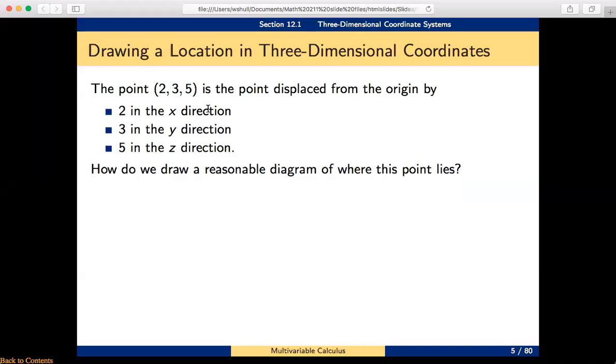Now, if we want to draw a location in three-dimensional coordinates, specifically draw a point, here is a picture of how that will look.